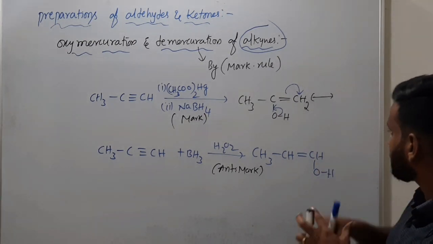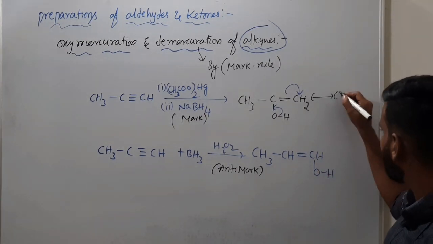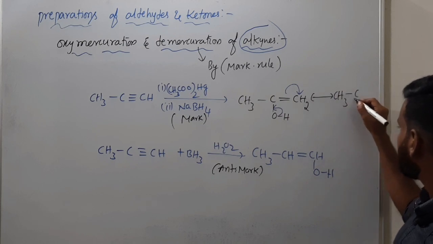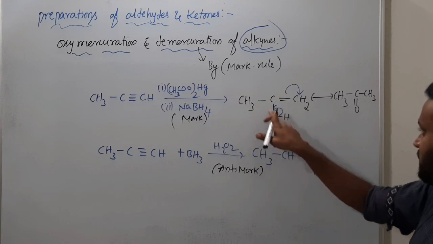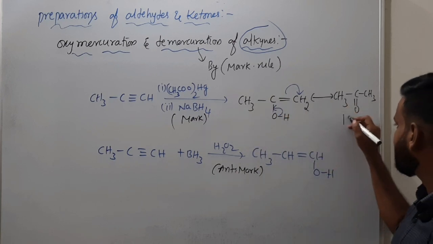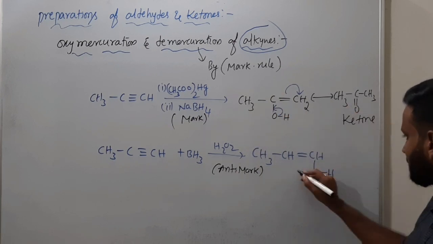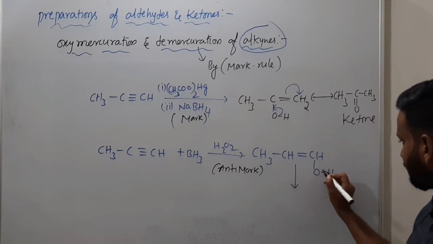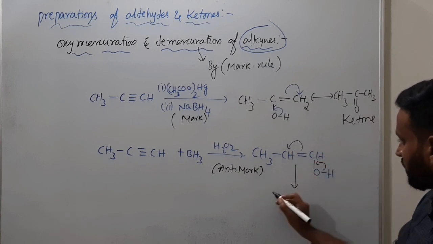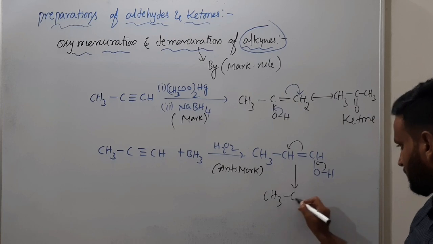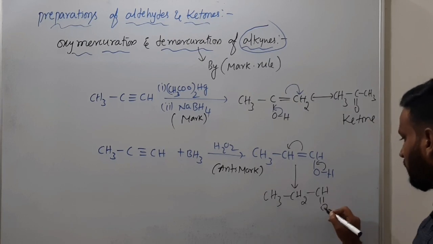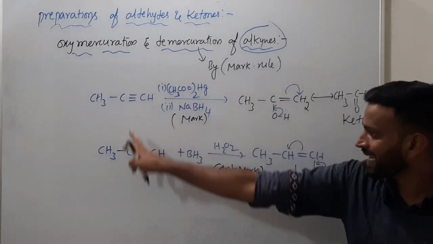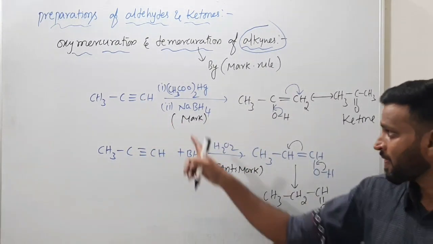Certainly our product, after tautomerism, is CH3, C double bond O, CH3. That means you have a ketone. But here, if this comes over here and this over here, we have CH3, CH2, CH double bond O. See the interesting thing: the reactant is the same in both cases.